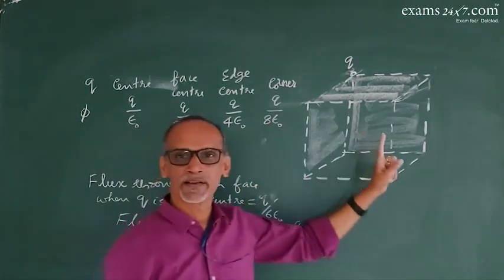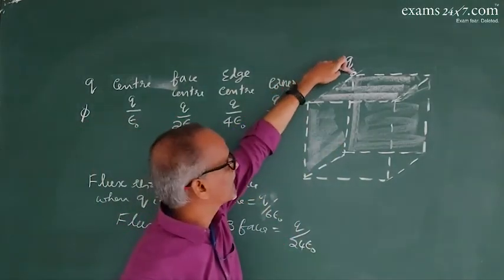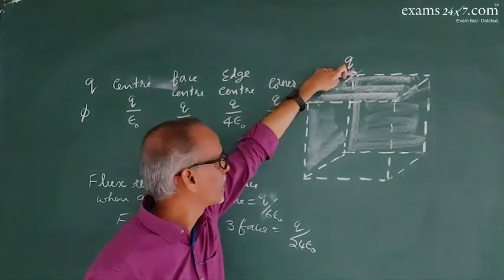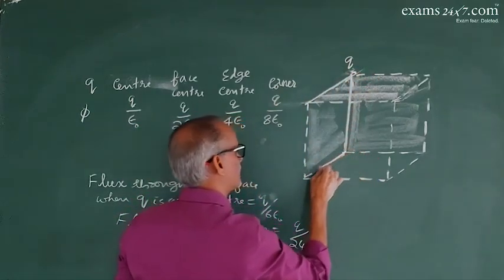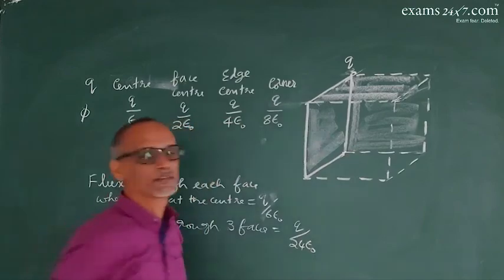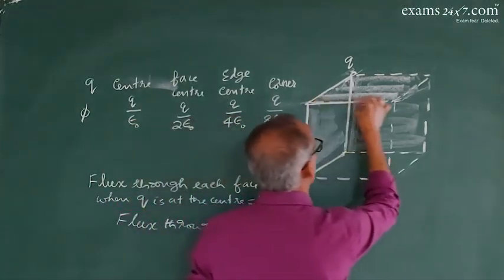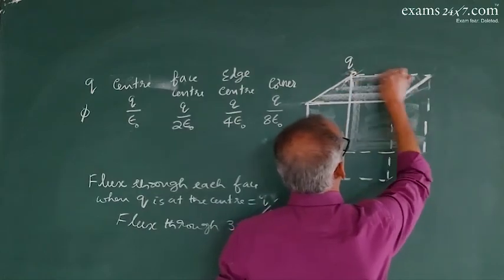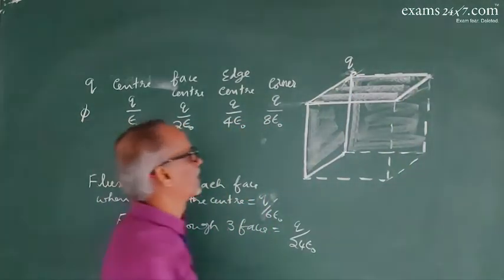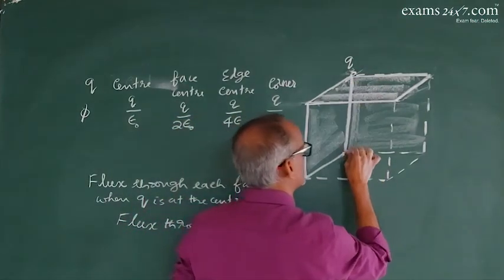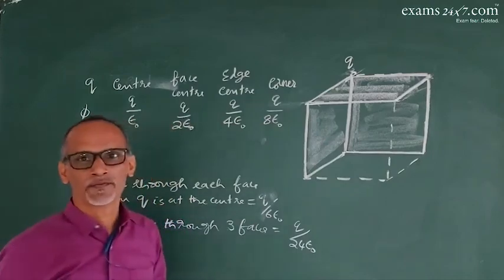So out of the 6 faces, there are 3 faces which are nearest to that charge. Okay? I'm going to mark here. So this is one surface through which there is no flux. This is the second surface through which there is no flux. And this is the third through which there is no flux.